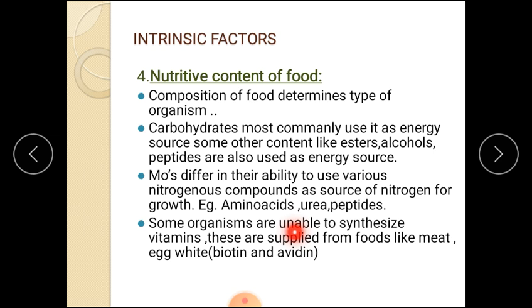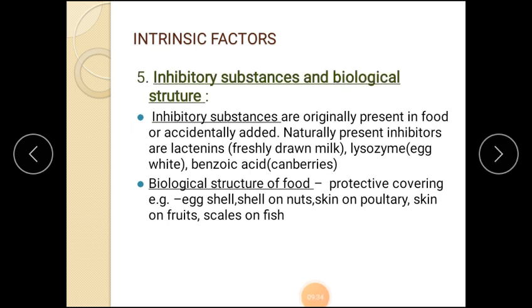Now some organisms are unable to synthesize vitamins, so they take the vitamins from the food like meat, egg white. Okay, egg white contains biotin and avidin. Next intrinsic factor which may or may not cause spoilage of food is inhibitory substances, for example lactenin present in fresh milk, lysozyme present in egg white, benzoic acid.